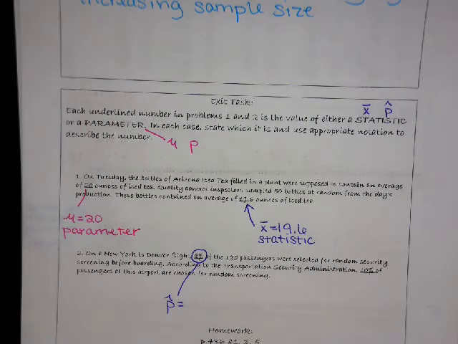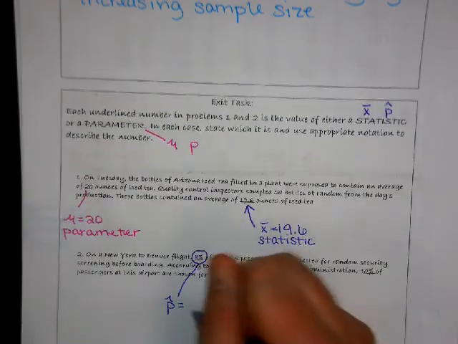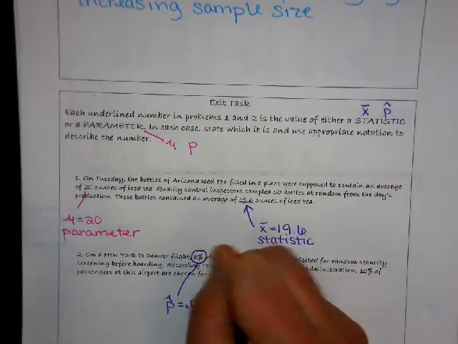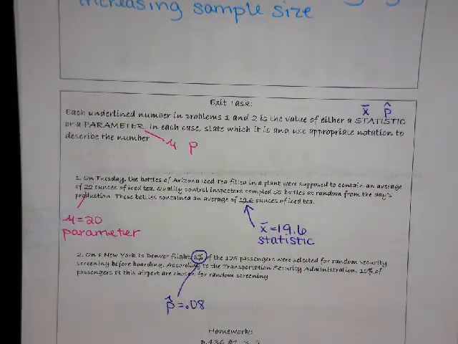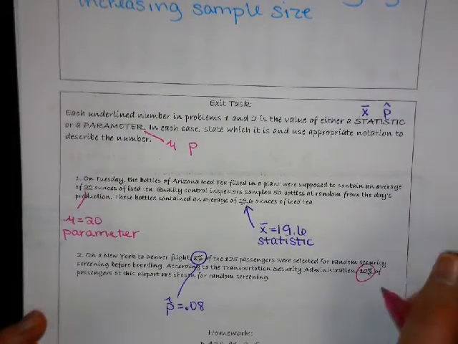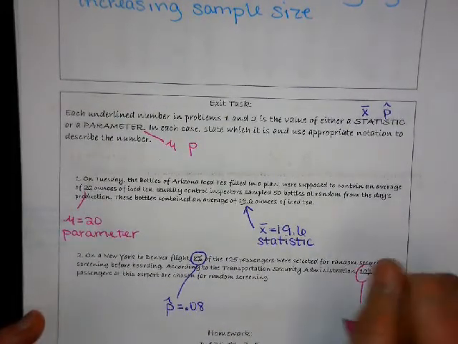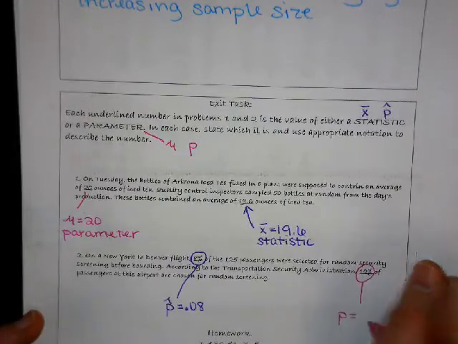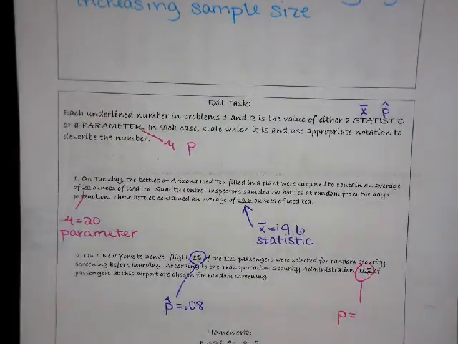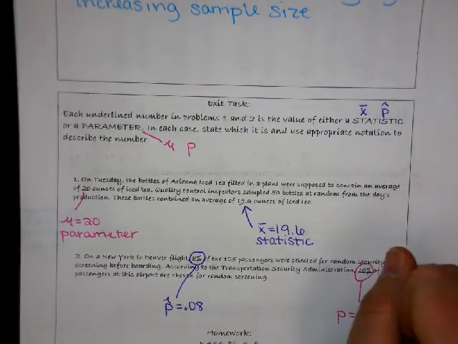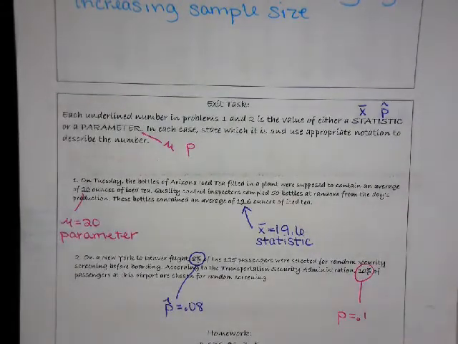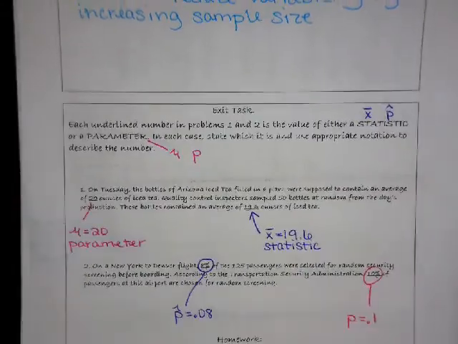And that means 10% is our parameter. And we use p for that one. And 10% as a decimal is 0.1. Any questions? No? All right. Basically, the statistic is just the narrowed down, and there's the bigger one.